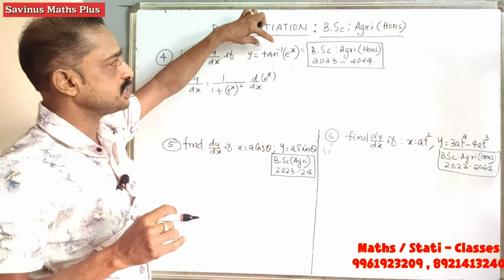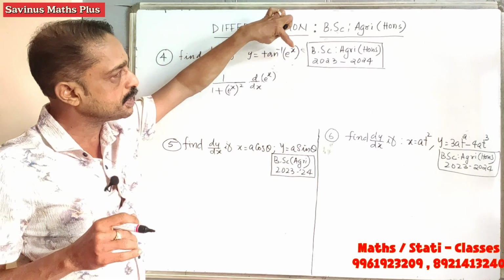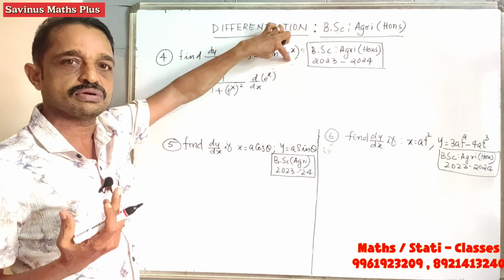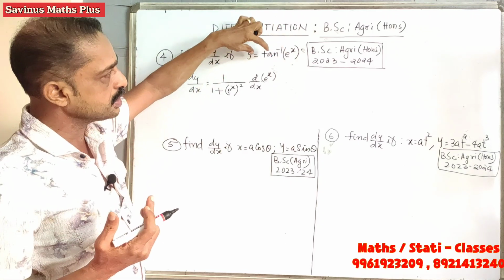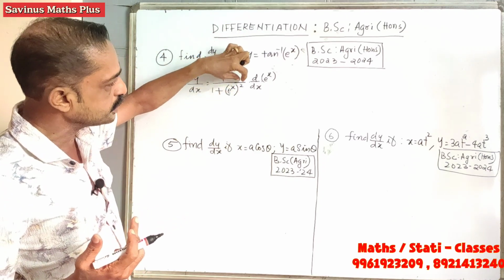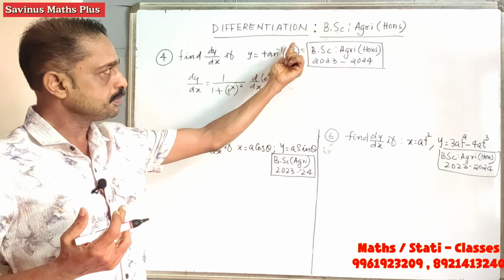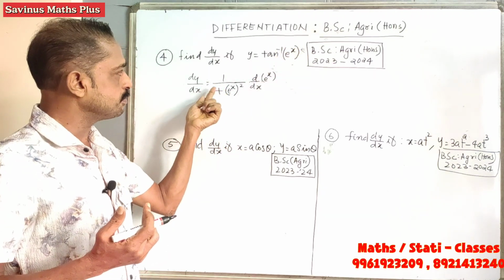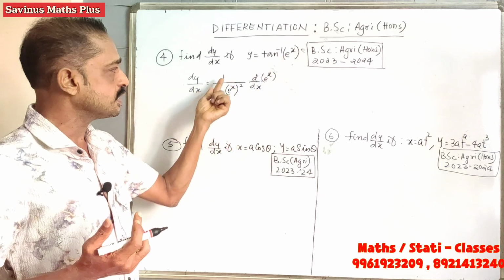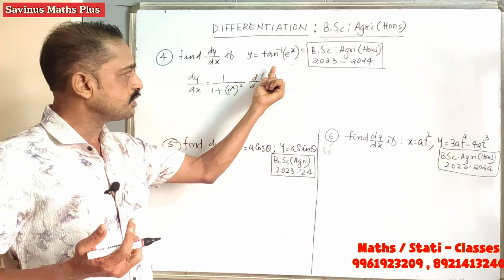So in order to differentiate a function of a function, differentiate the outer function with respect to the inner function first, then it is multiplied with the derivative of the inner function. So tan inverse of some function becomes 1 by 1 plus square of that function into derivative of that function, because the derivative of tan inverse x is 1 by 1 plus x square.